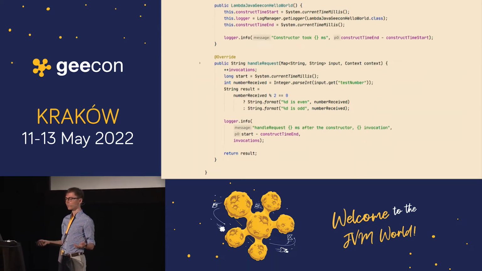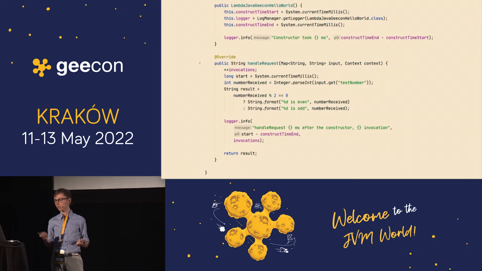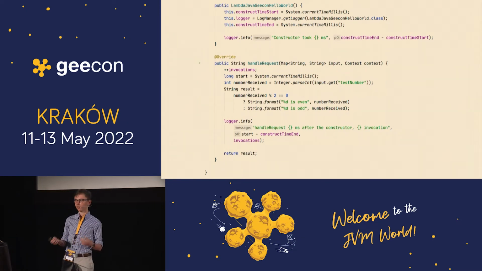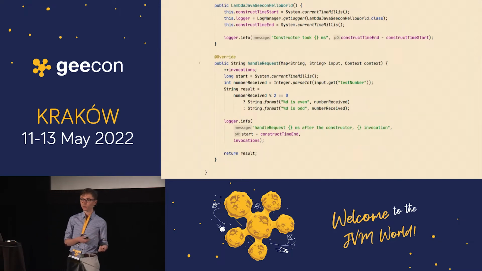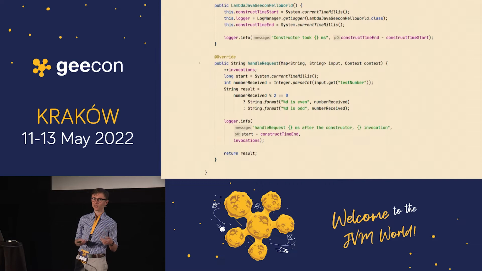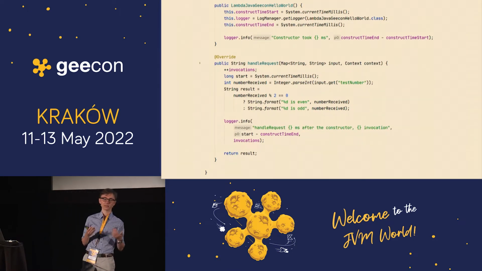It initializes a logger and gets some time measurements in the constructor, and in the business logic, the method handleRequest, it again does some basic things like parsing the input, getting some field from a JSON, doing a very simple computation, like deciding what string to create if the number is even or odd, logging it and returning. So it's very simple; production code is much more complicated.